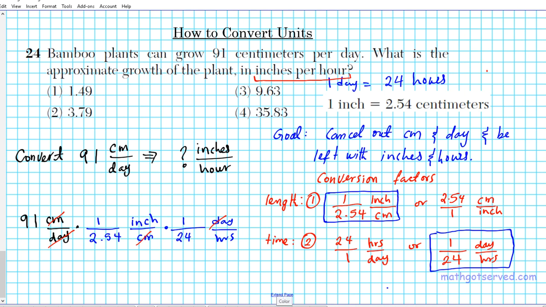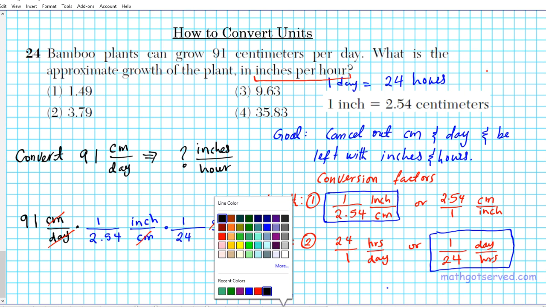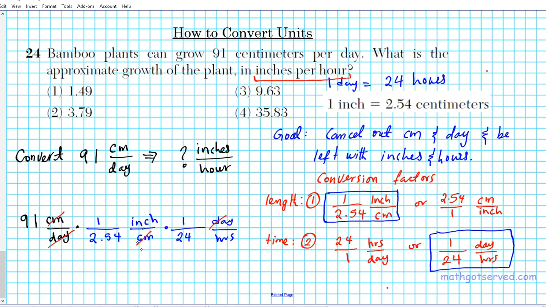Alrighty, so let's go ahead and multiply out. So if we multiply out 91 times 1 times 1 as 91, and the unit on top is inches, and in the denominator, let's see, how do we multiply 91 by these fractions? What you do is you express 91 as a fraction.